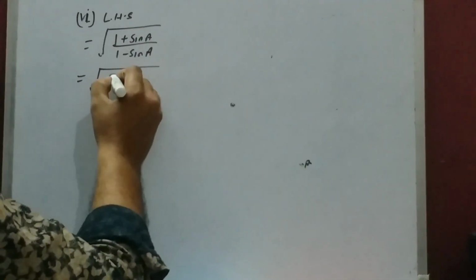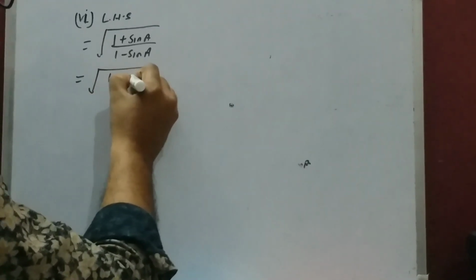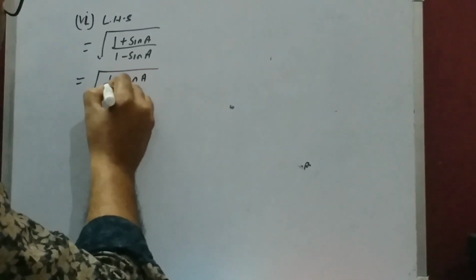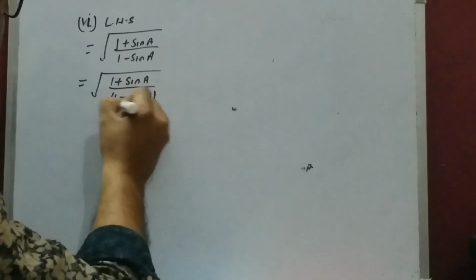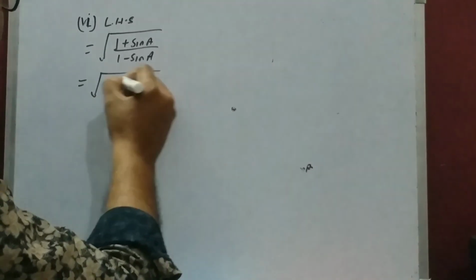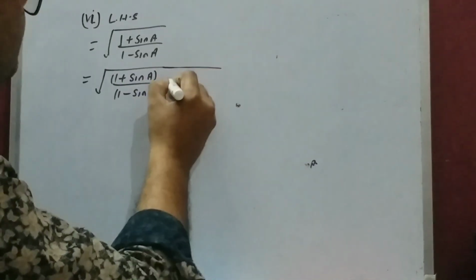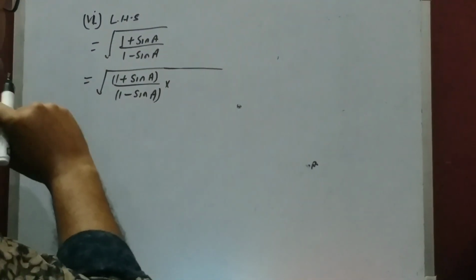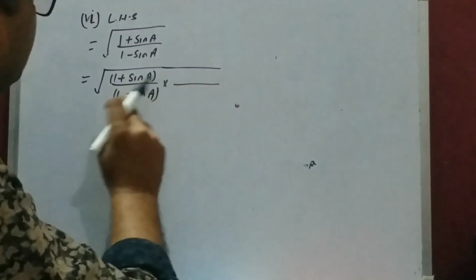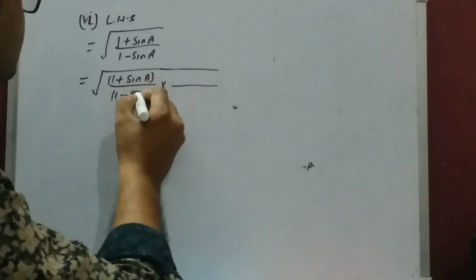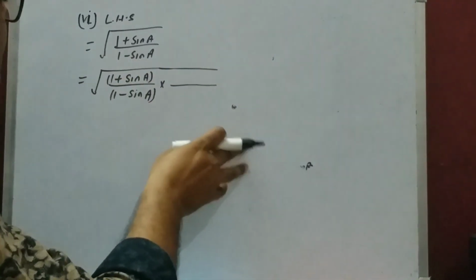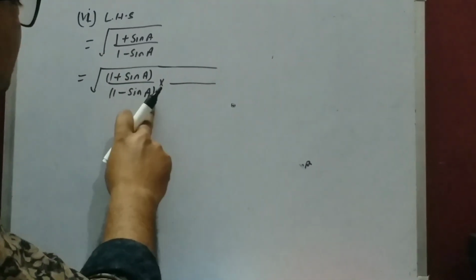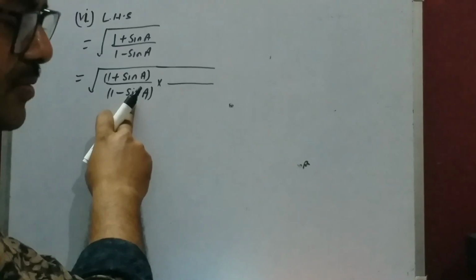For this, write the question as it is, 1 minus sin A, and here you will put the multiplication sign and write the conjugate of this. Actually, this word should not be used here because this is a real number and a real number has no conjugate.